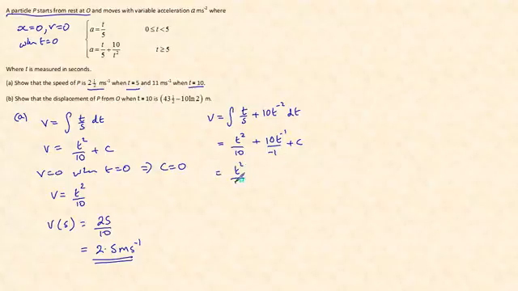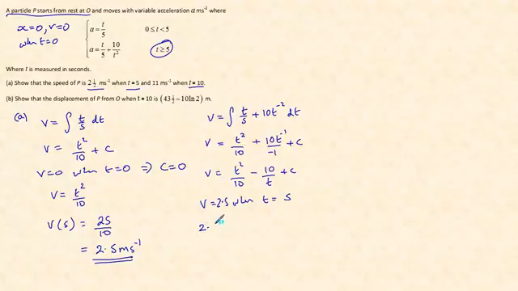So that's t squared over 10, take away 10 over t plus a constant. Now this motion starts when t is 5. And we know that v is 2.5 when t equals 5.